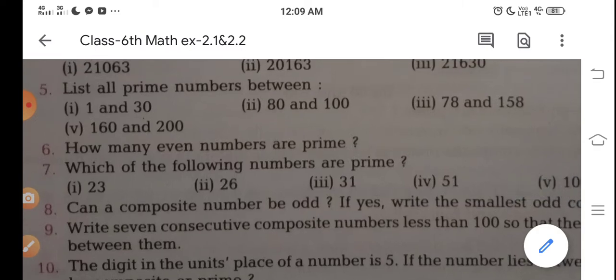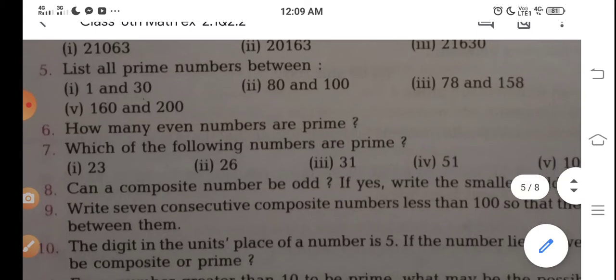Next, which of the following numbers are prime? A prime number means 1 and itself.